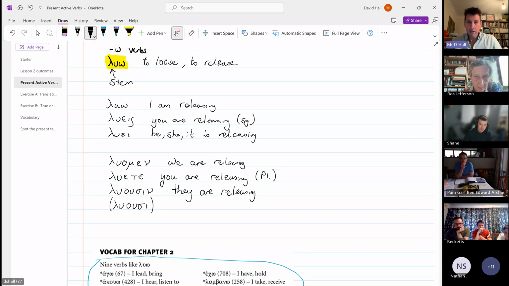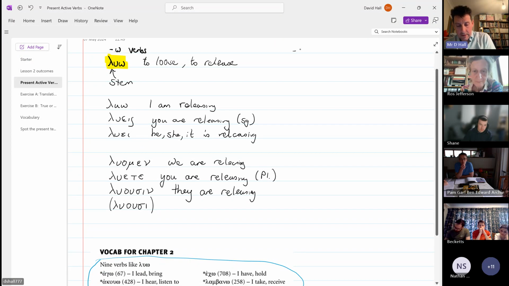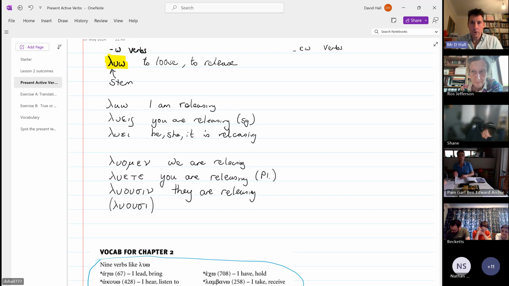Right, okay. So we're going to look at a second verb now. And this is an ending which will be written as an epsilon omega verb. Now, they are very similar to the verbs that look like luo, except that they have an extra epsilon.